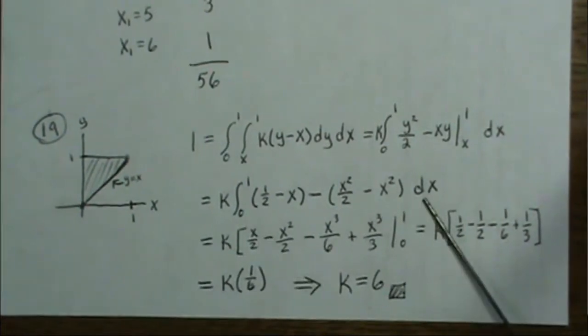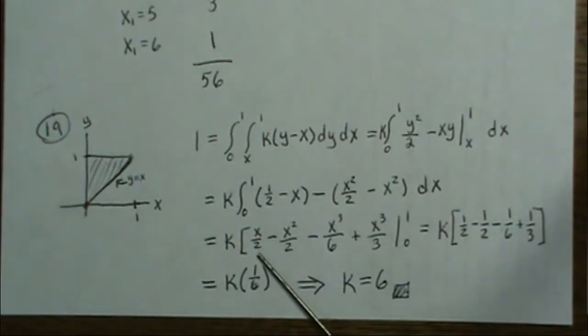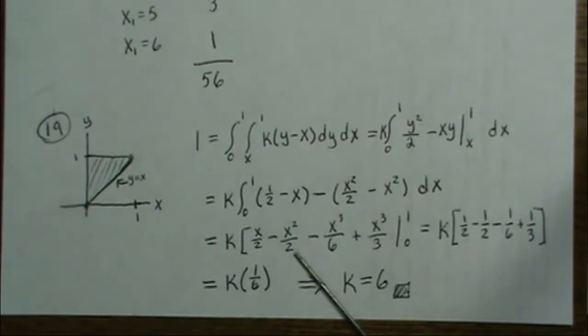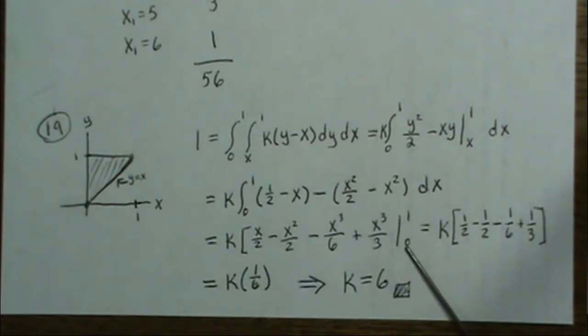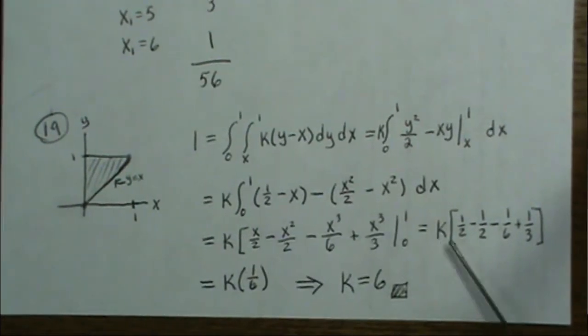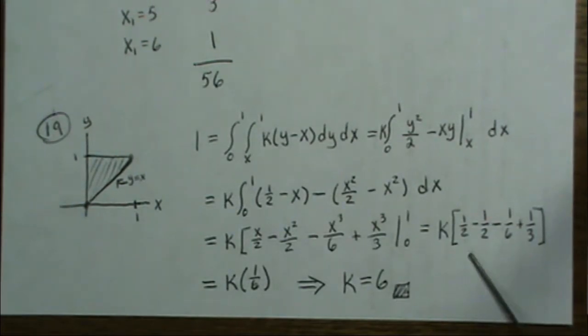Now let's integrate with respect to x, and we get this, minus, and then minus of minus is plus. Limits of integration from 0 to 1. Plug those in, we get k is equal to this. That means k times 1/6, but we know that this all equals 1, so k is 6.